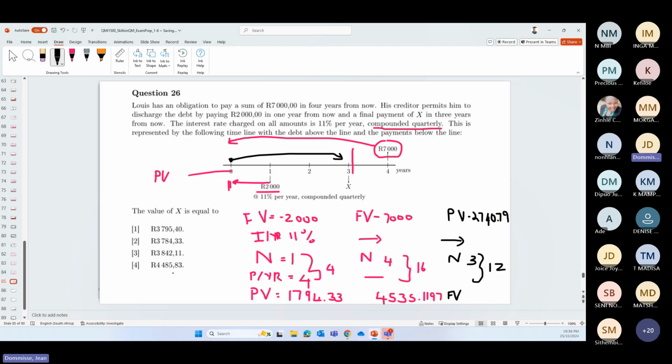And then my future value is 3795.40. Let's hope there is a 3795.40.